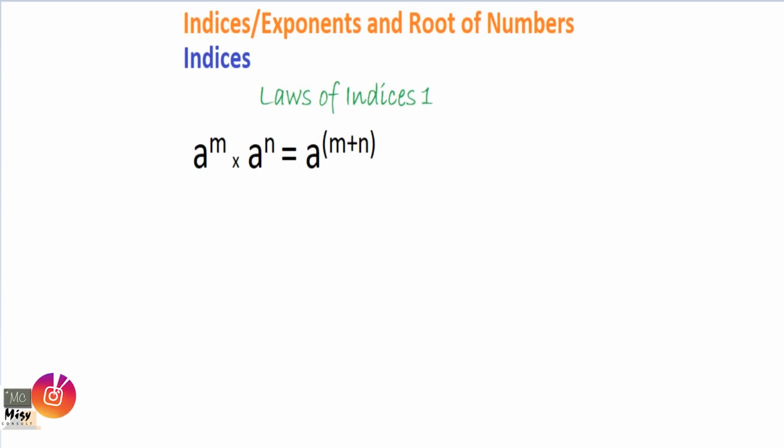Once again, so far as 2 or more numbers have the same base, the base is a, so we have a as the base. All you do is keep one of the bases and add the indices. So the indices are m and n, or the exponents. They must have the same base before you can do what I'm saying.